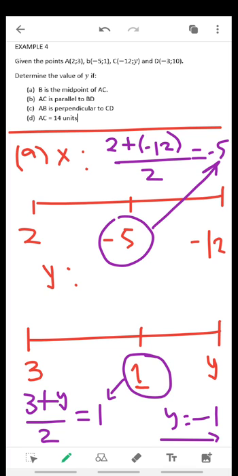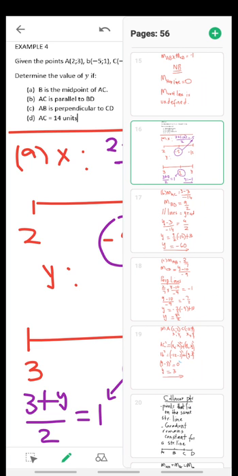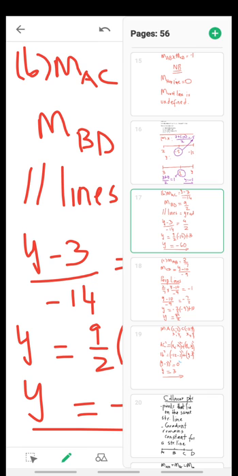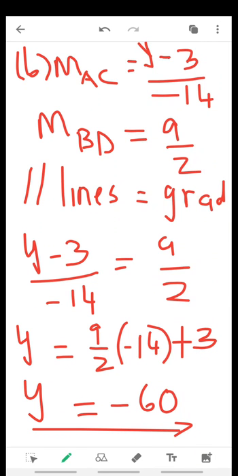Good, let's go to B. Determine the value of y if AC is parallel to BD. What do we know if line AC is parallel to line BD? That means the gradient of AC will be equal to the gradient of BD. So what is the gradient of AC?